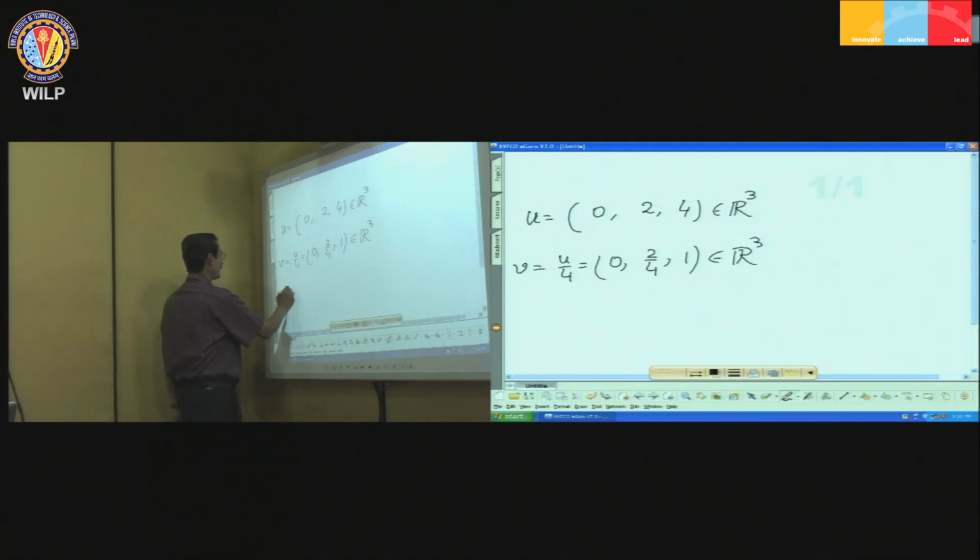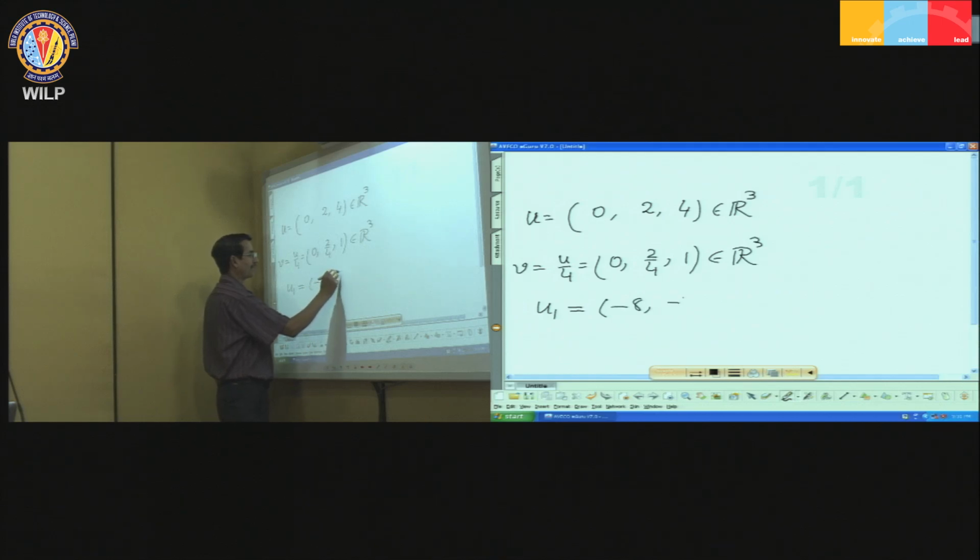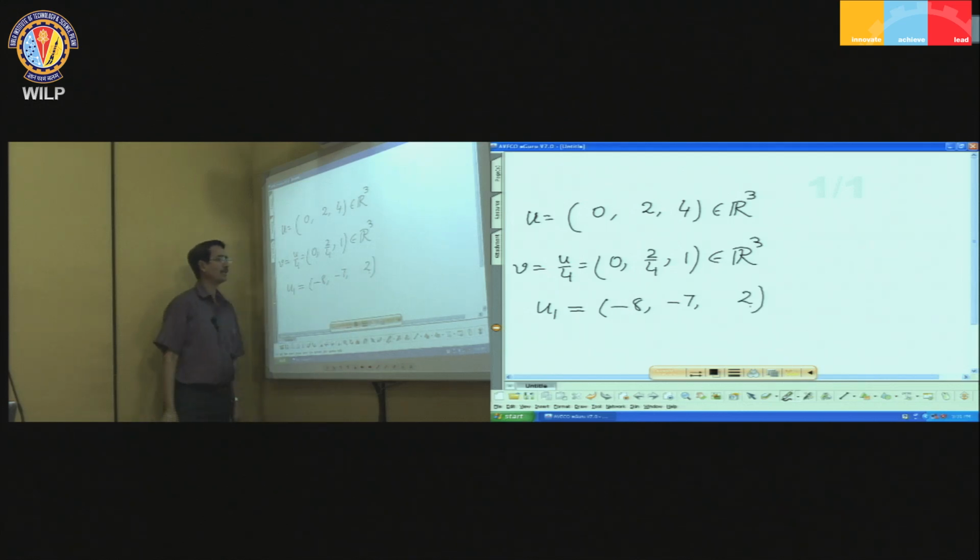So, suppose I am taking another vector u1, which is -8, -7 and then 2. Look at here, again the largest quantity is not 1, so it is not in the normalized form. If you take the absolute value, the largest has to be 1. So, what will I do here? We will get another element v1, and v1 is u1 over -8.